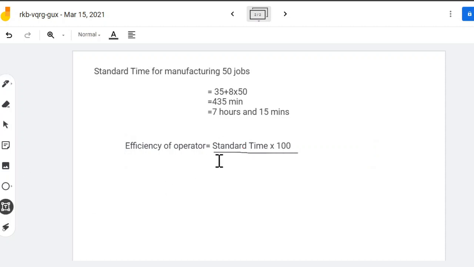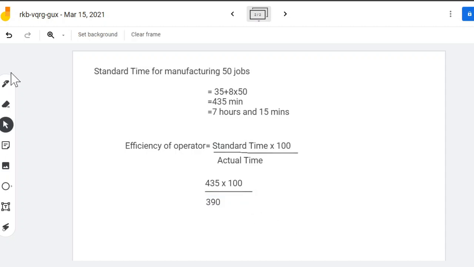The actual time is the 6 hours and 30 minutes, converted into minutes, which is 390. So the standard time is 435, times 100 over the actual time of 390.